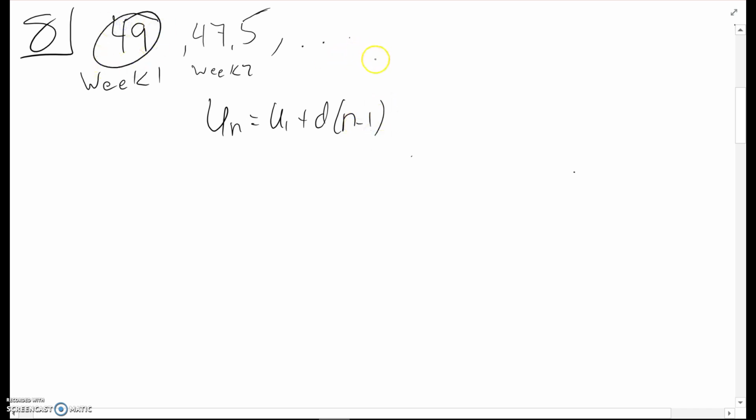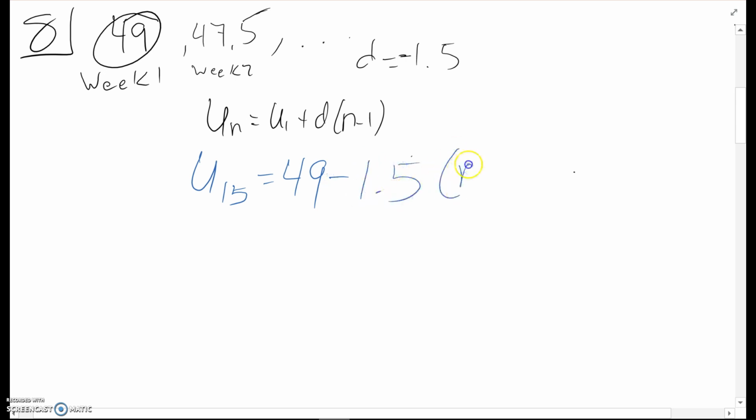I know my difference in this case is negative 1.5 because I'm subtracting each week, and then I can just go from there. So I know I'm looking for the 15th week, so u sub 15 equals the first term, which in this case is the time for the first week, 49, minus the 1.5 minutes each week times n minus 1, except n here, pardon me, is 15. So I know that.